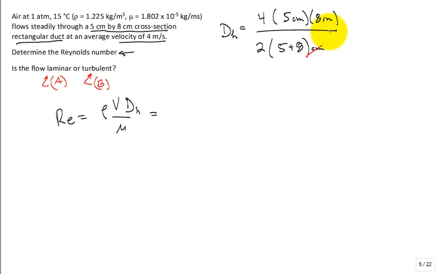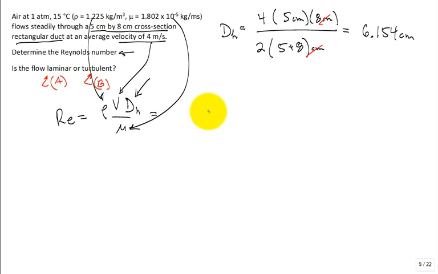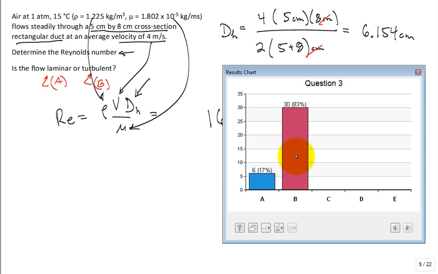One of the centimeters cancels, but don't forget that that is in centimeters. And so you calculate that that is 6.154 centimeters for the hydraulic diameter, which goes here. The velocity is 4. The density is this number. The viscosity is that number. 16,700. Turbulent flow. So it's turbulent. See how we did that?